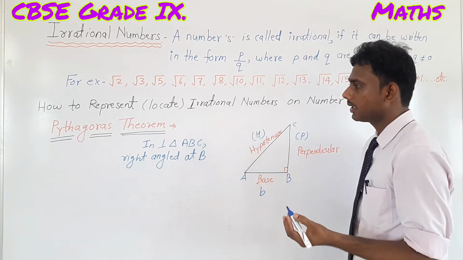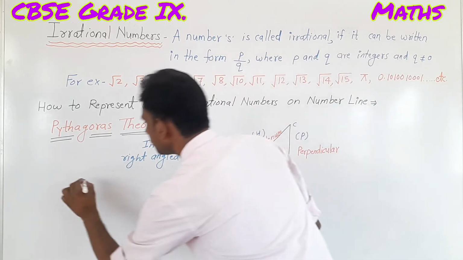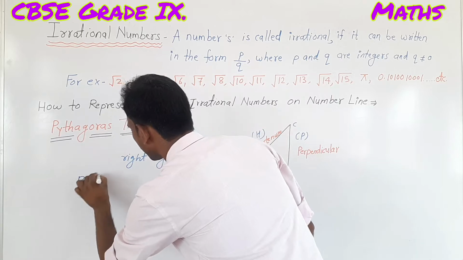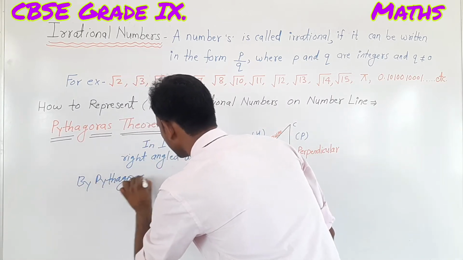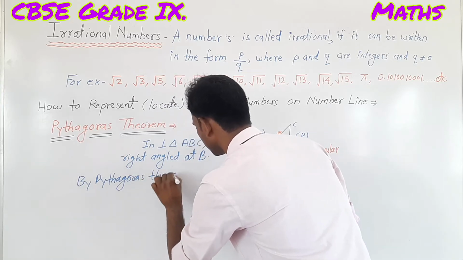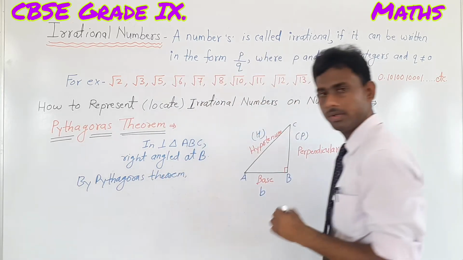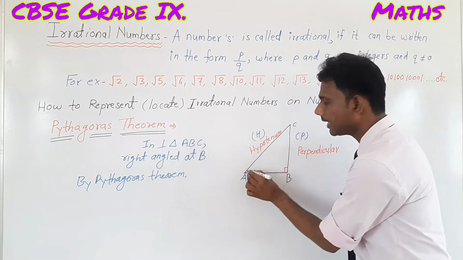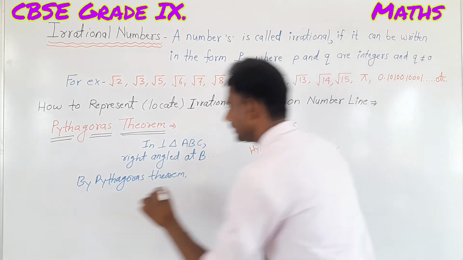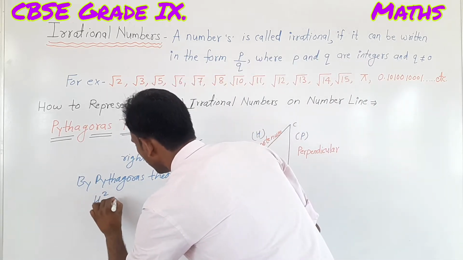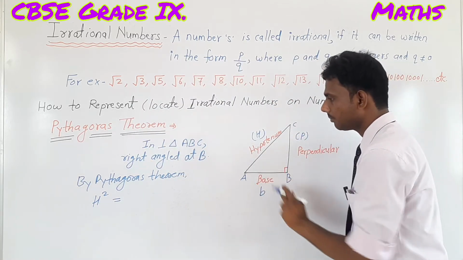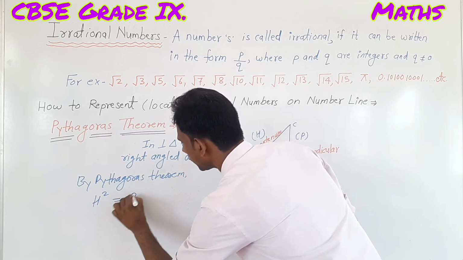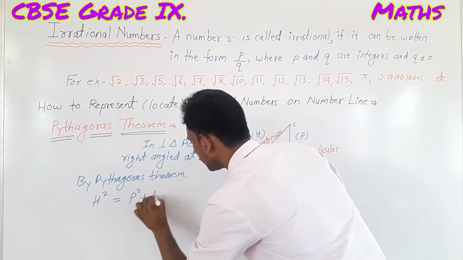So we can write by the Pythagoras theorem, the longest side squared, that is hypotenuse square, equals perpendicular square plus base square.